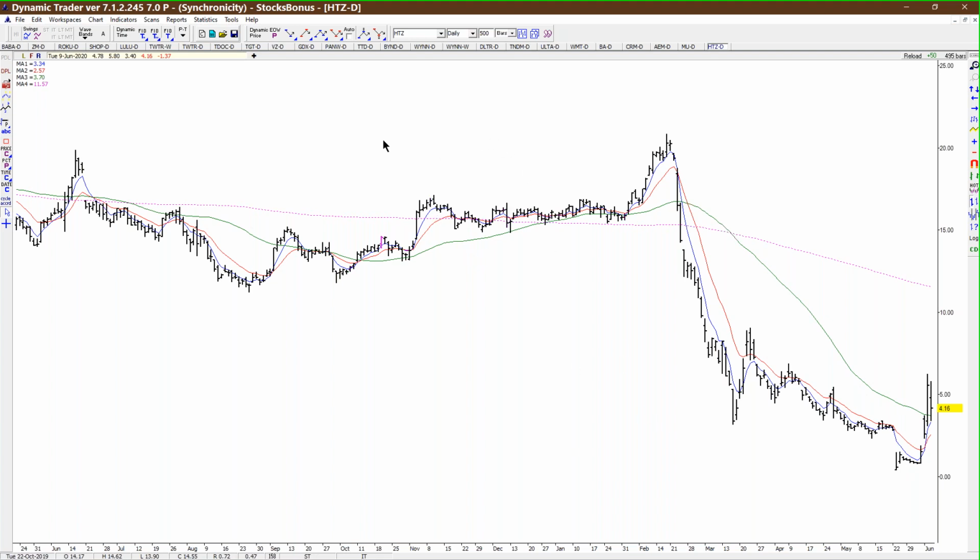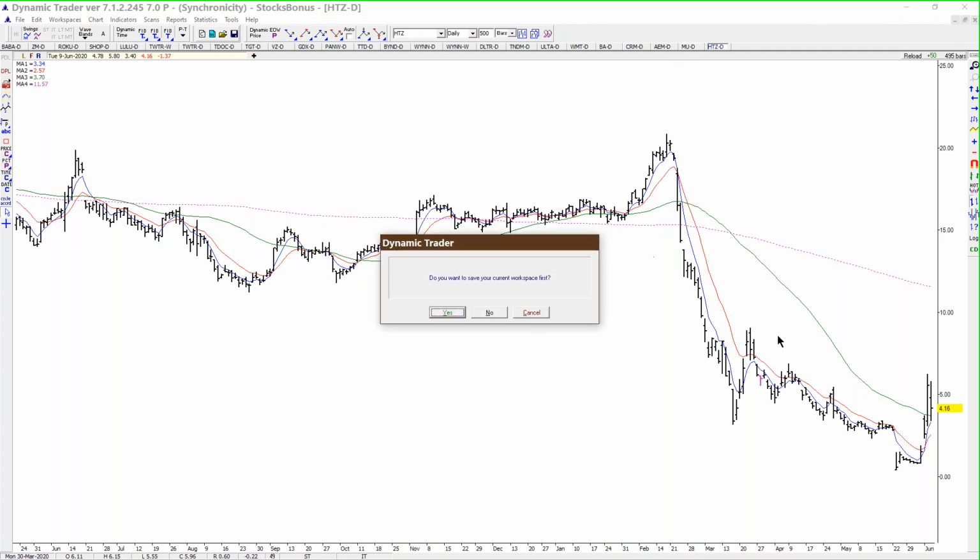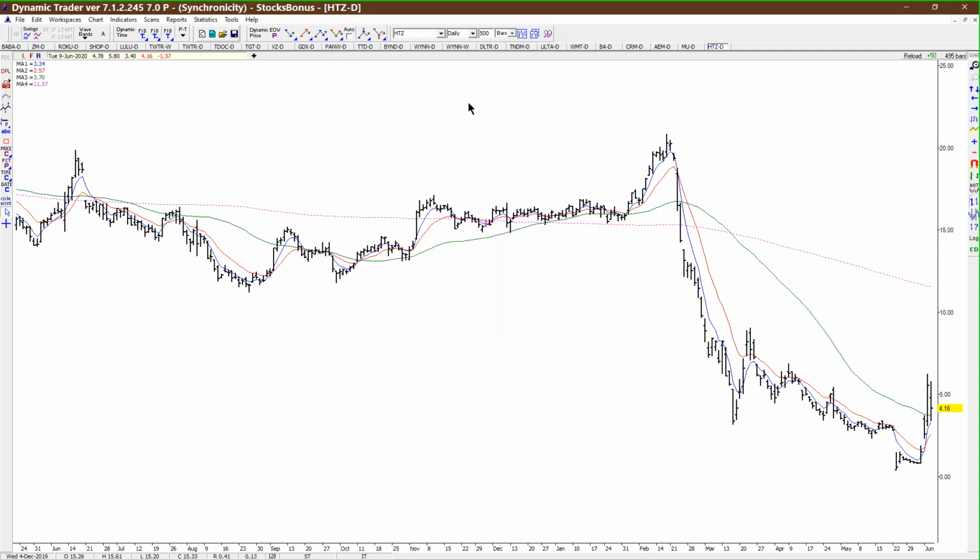Obviously it doesn't mean that you can't, but I don't. I'm sure you would have found there would have been a buy signal on a 5-minute chart or something like that. Let me see.